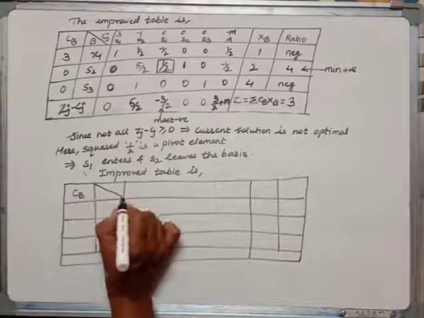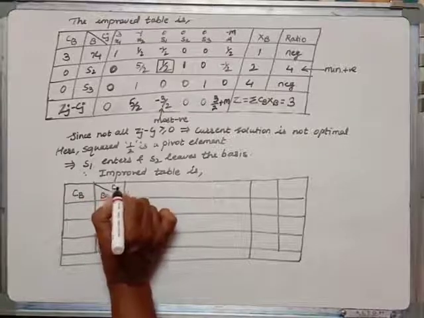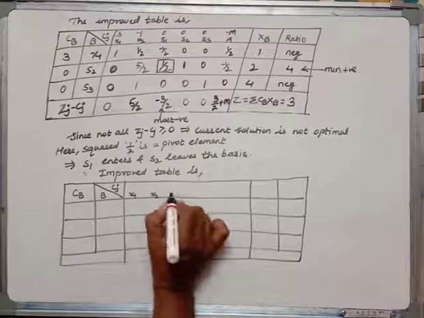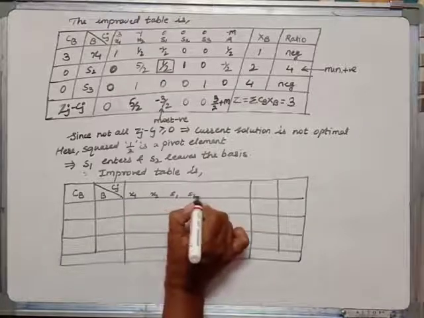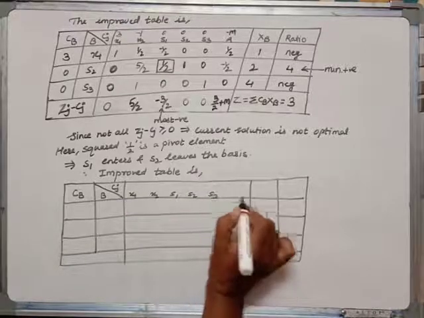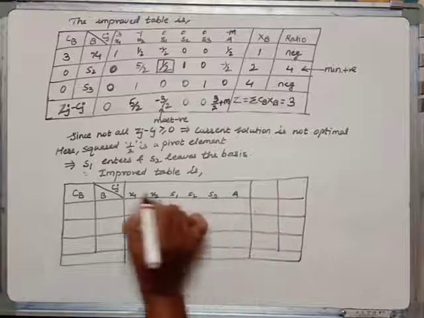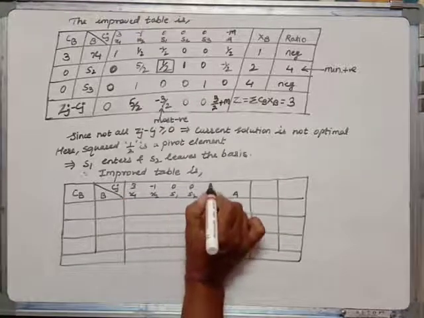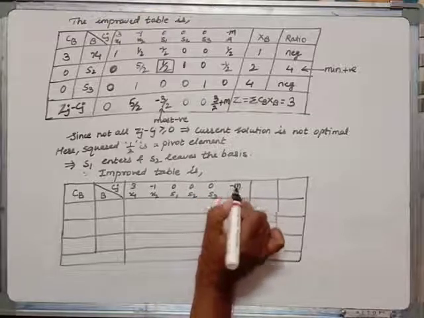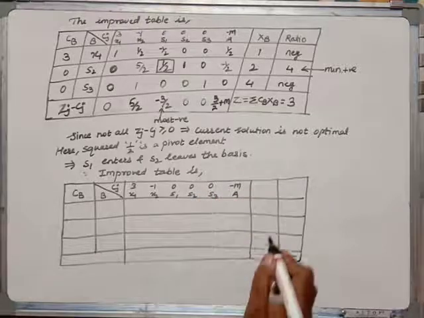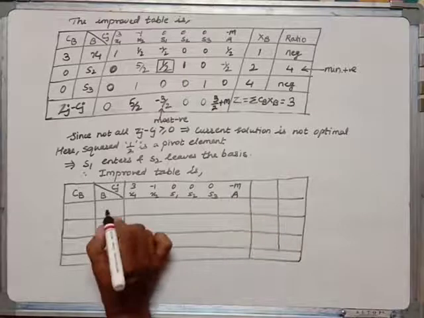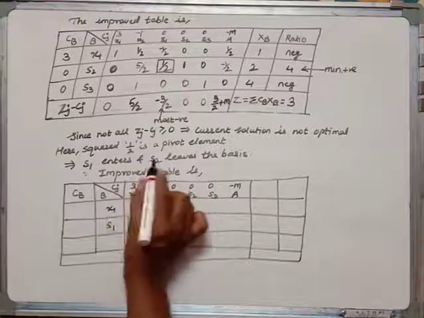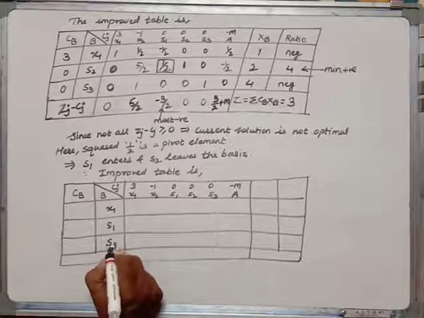CB, B, CJ, X1, X2, S1, S2, S3 and A, with 3, minus 1, 0, 0, 0, minus M. Then here X1 as it is, S2 is replaced by S1 now, and S3 as it is.